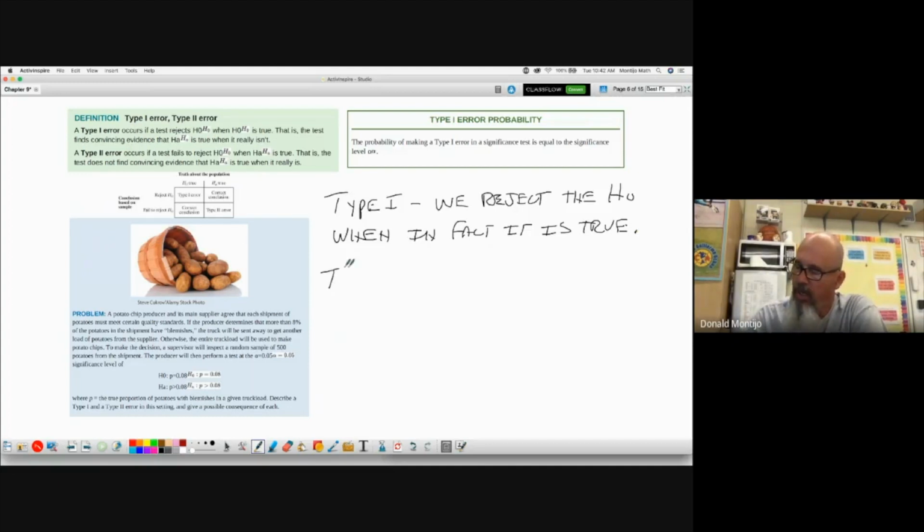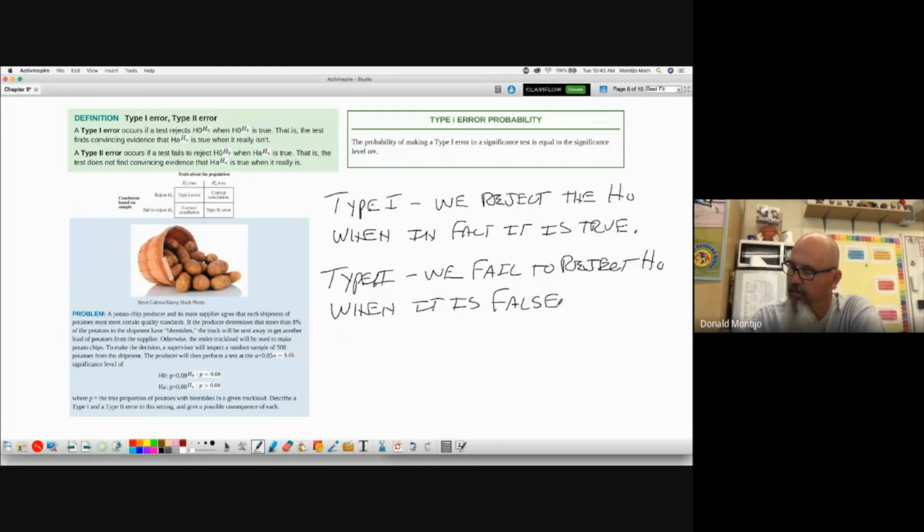Okay. What is a type 2? Well, it's the opposite of that. We fail to reject the null when it is false. Okay. There's this cool little table right here, okay, that shows us type 1 and type 2 error.